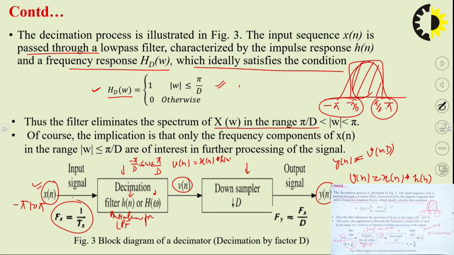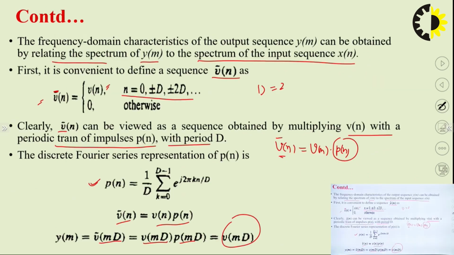Now if we take the z transform on both sides, you know linear convolution of two sequences is nothing but multiplication of their z transform values. So you can write V(z) as X(z) into H(z). Here is the convolution, but here is the multiplication sign. So accordingly V(z) equals X(z) into H(z).